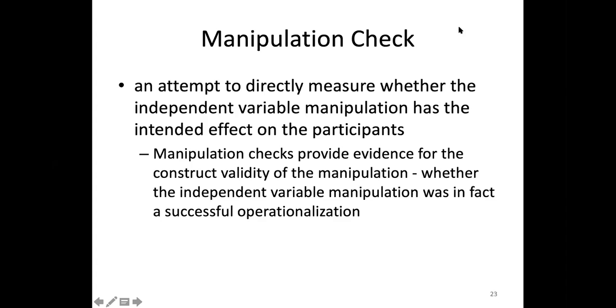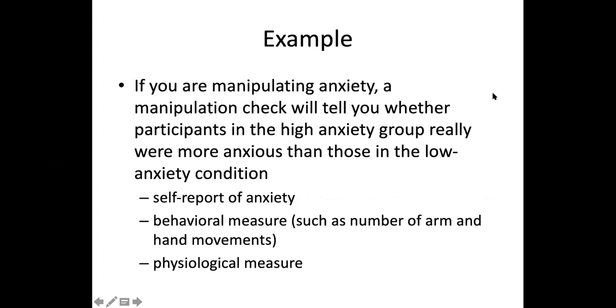So a manipulation check is a procedure that is used during the experiment, and by using that procedure you want to check whether the independent variable manipulation was in fact successful, if you have chosen the correct operational definition of your independent variable.